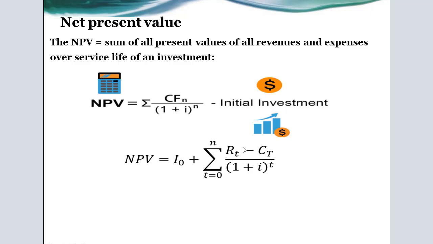of all present values of revenues, and we subtract from it the summation of the expenses divided by 1 plus the interest rate to the exponent t.